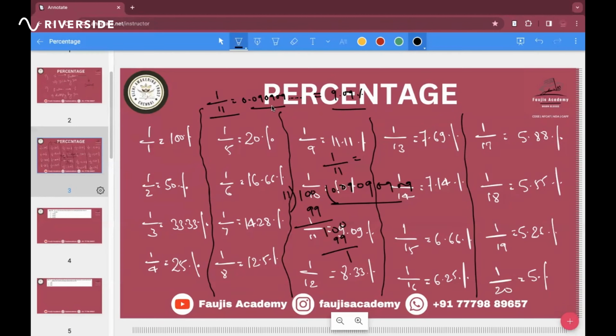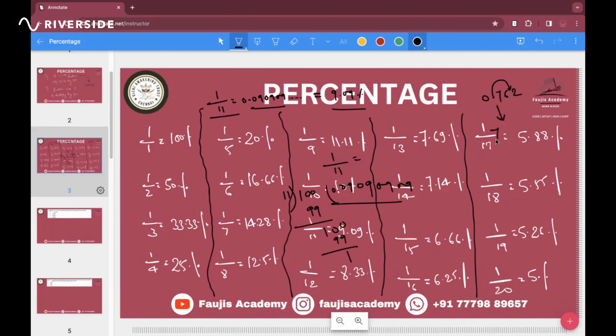Getting it? Or if you don't want to write it, just always remember, wherever a decimal comes into the picture, let's say it is something like 0.762, and you have to turn it into the form of a percentage, shift the decimal 2 places inwards.